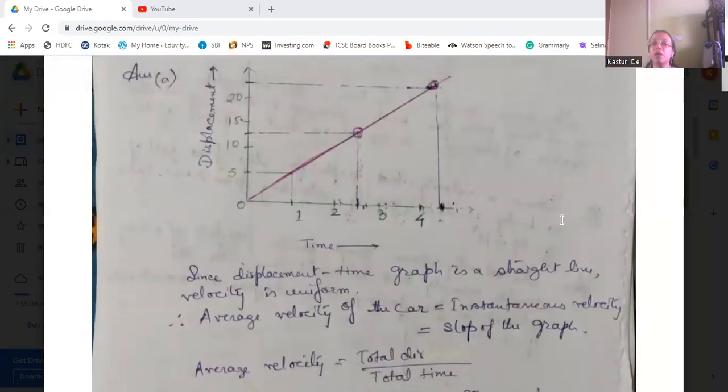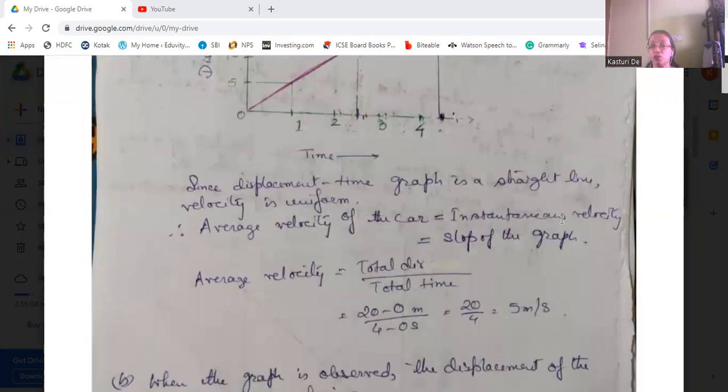Since the displacement-time graph is a straight line, velocity is uniform, and the average velocity of the car will be equal to the instantaneous velocity, that is the slope of the graph. That will be equal to total distance by total time.